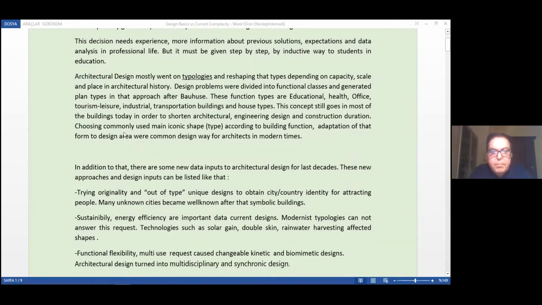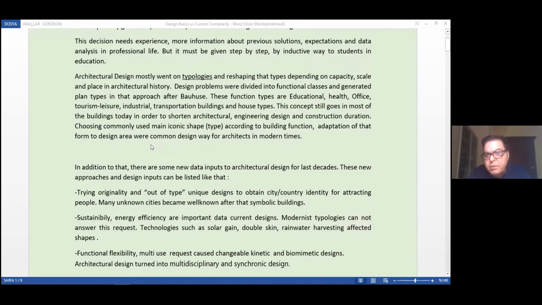Architectural design mostly went on typologies and reshaping those types depending on capacity, scale, and place in architectural history. Design problems were divided into functional classes and generated plan types in that approach after Bauhaus. These function types are educational, health, office, tourism, leisure, industrial, transportation buildings, and house type, for example.